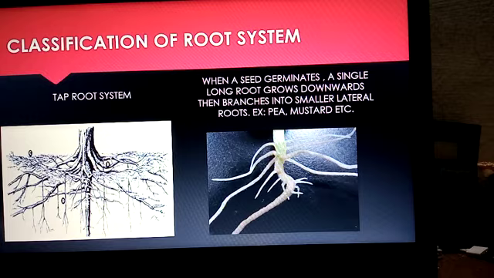See the two pictures given here, children. It will have a single long root which goes deeper into the soil, and from that root arise the smaller lateral roots. Examples of taproot systems are pea, mustard, and almost all the trees.